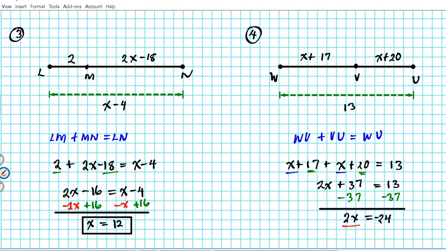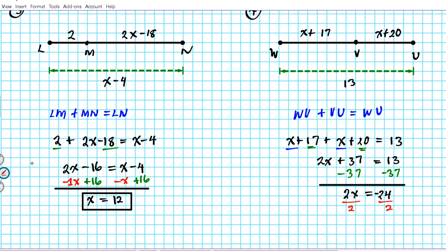Now to get x by itself, you divide both sides by 2, and your final answer is x equals negative 12. Remember, when you divide two numbers with different signs, the sign of your resulting quotient will always be negative. Bam, there you go.